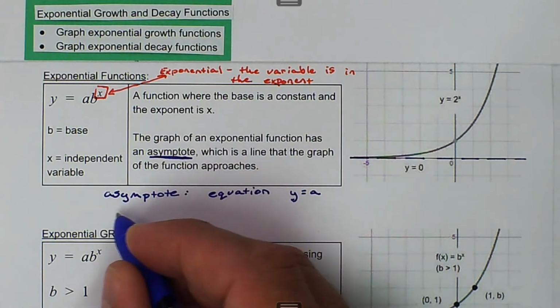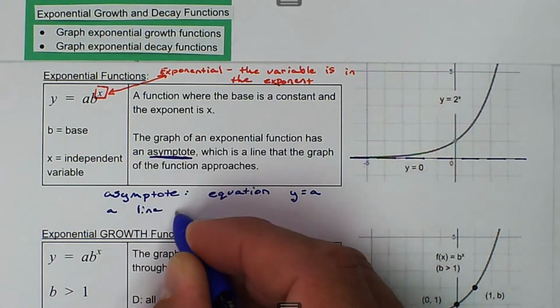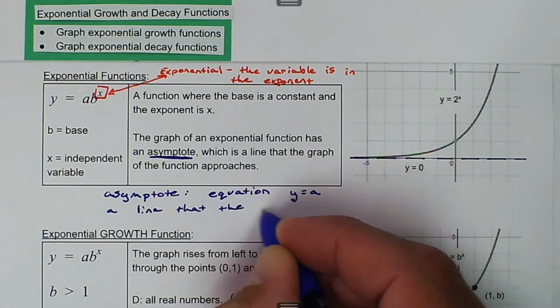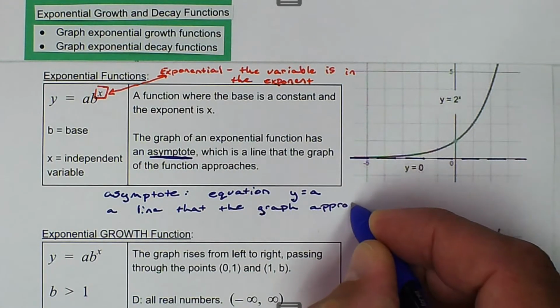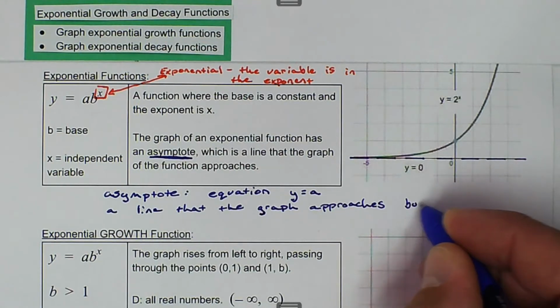So it's also a line that the graph approaches, but doesn't cross.